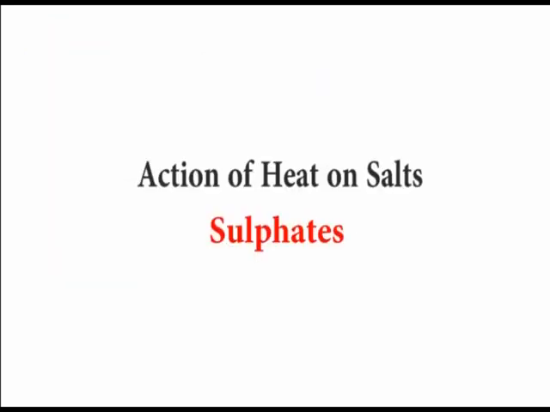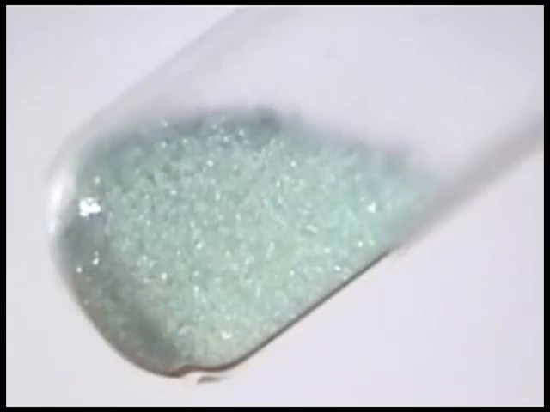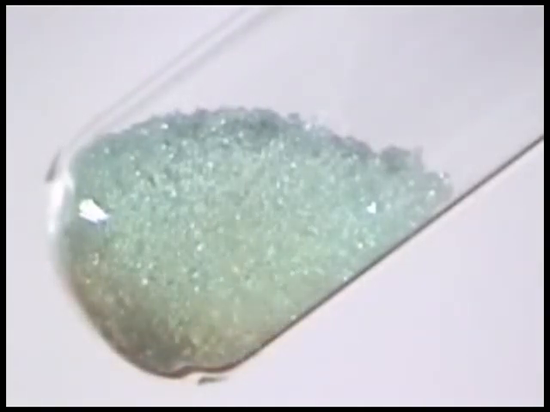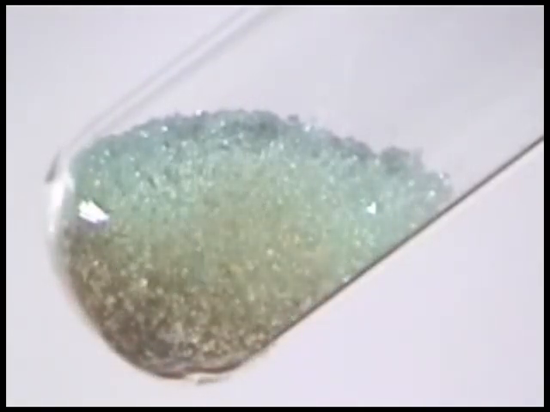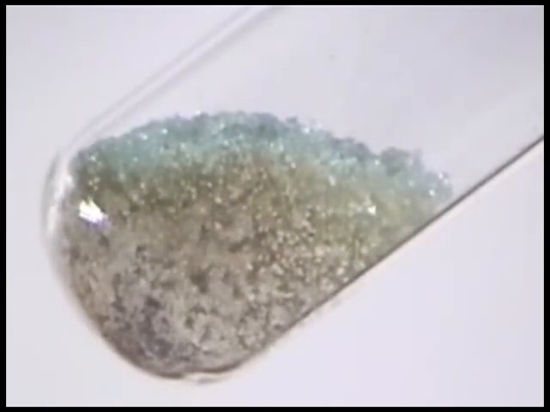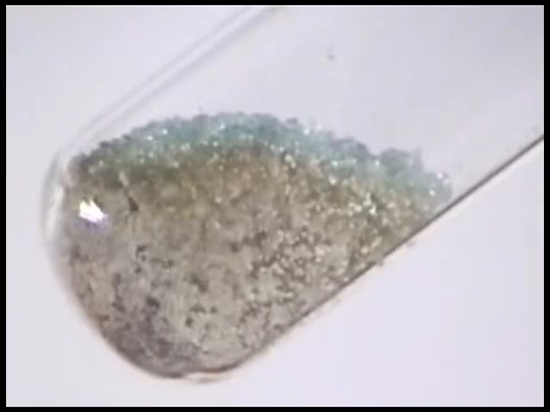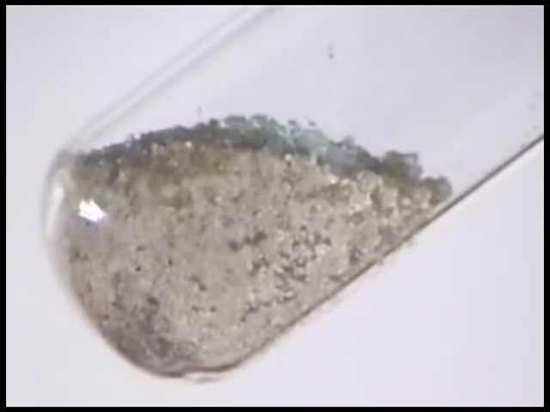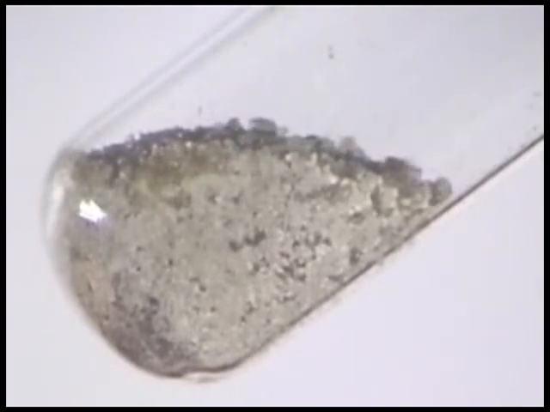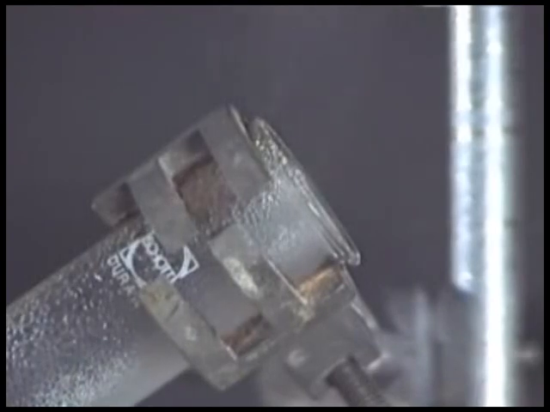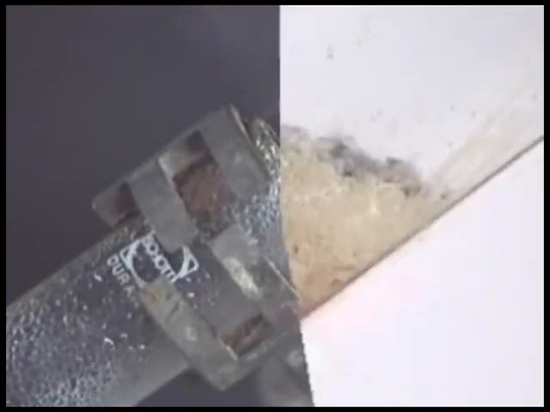Action of heat on sulfates. Now, when solid iron 2 sulfate is heated, it decomposes. A colorless liquid is observed condensing at the mouth of the test tube.